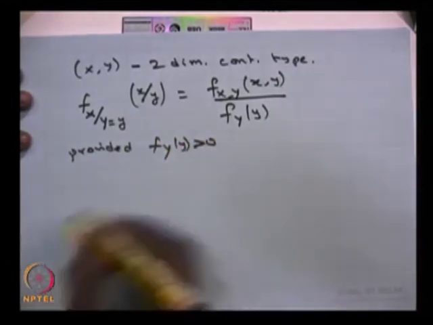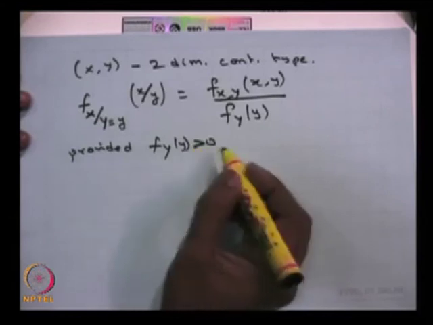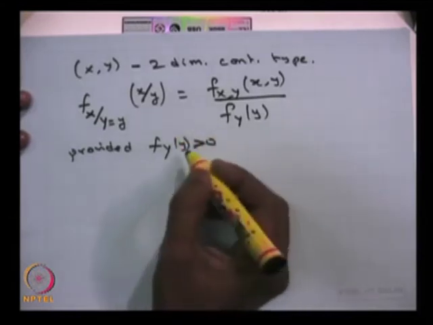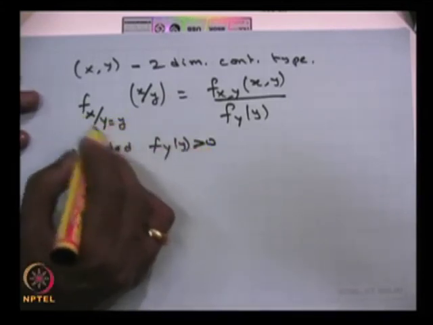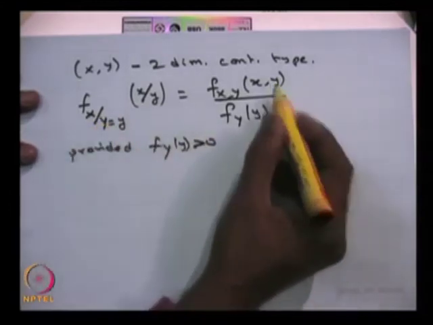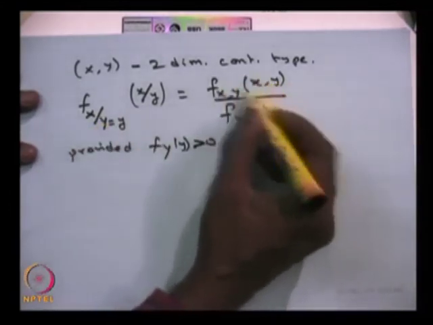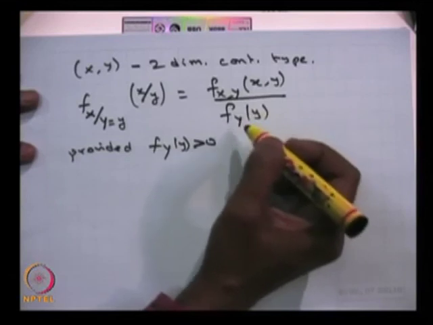That means wherever there is a density greater than 0, in that given situation you can find the distribution of the random variable X given that Y takes the value small y. That is nothing but the ratio of the joint density to the marginal density.